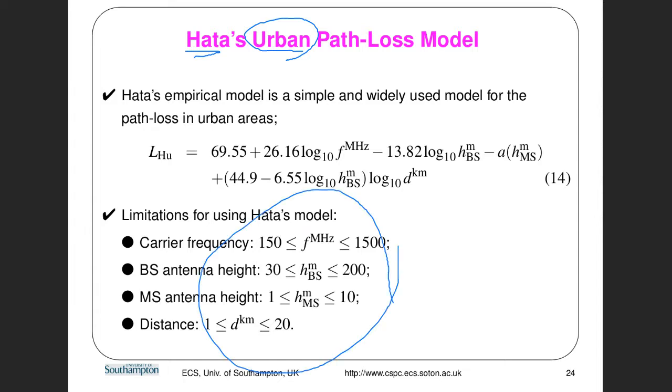So then he approximates the relationship between the transmit power and the receive power by this unified equation. So for this equation, you are not required to remember very specific parameters here because they probably don't make any sense.